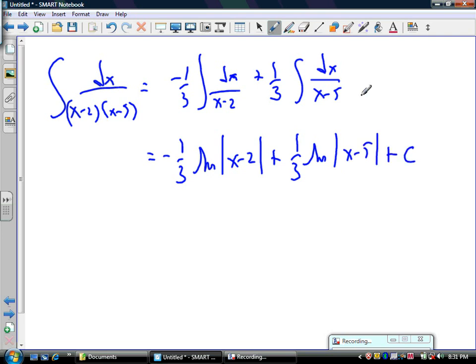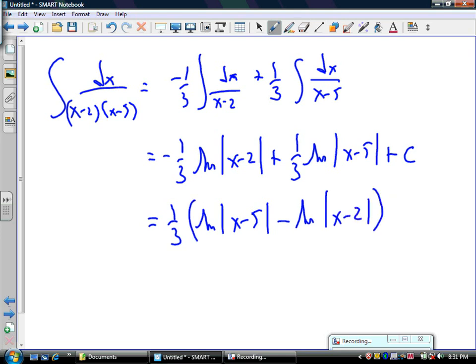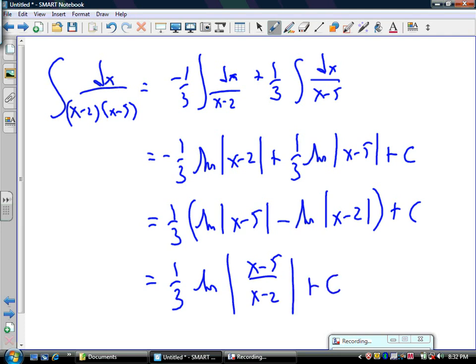That's the answer, but you might factor out the 1/3, and you might rearrange the difference, and you might write it as 1 ln. That's just playing games with ln's. This is an answer. You can leave it like this, but this is equivalent. Okay? What do I do?